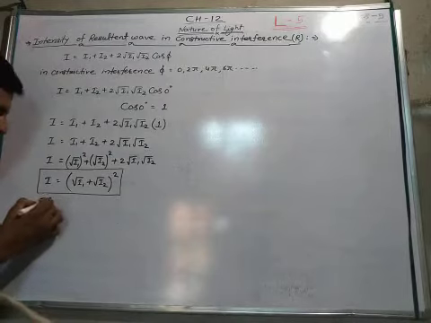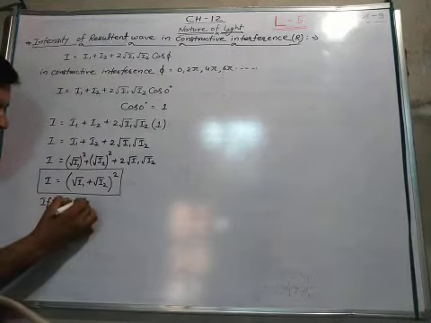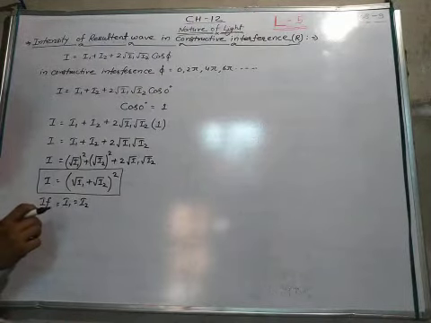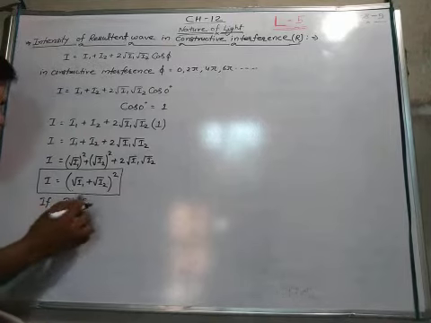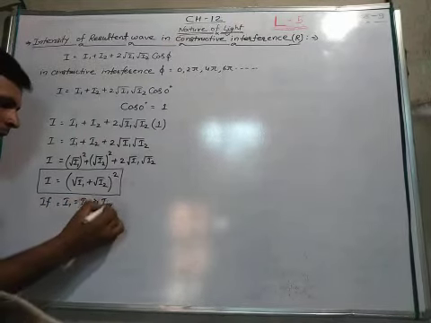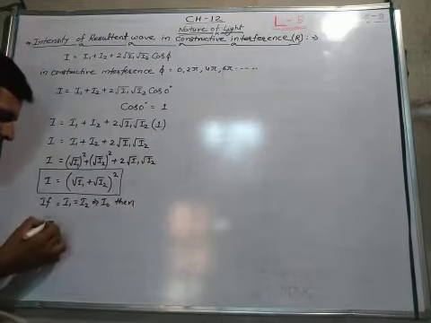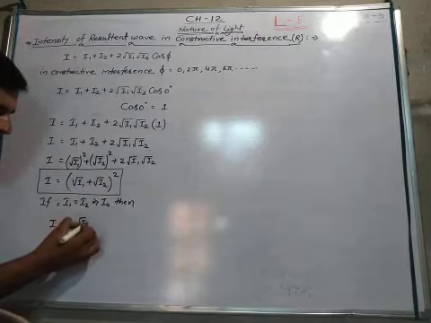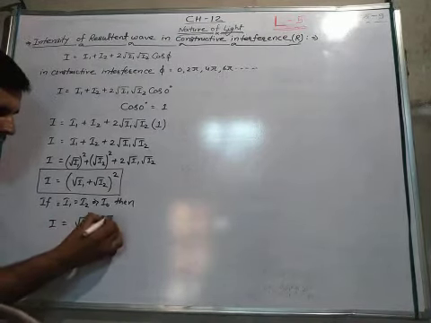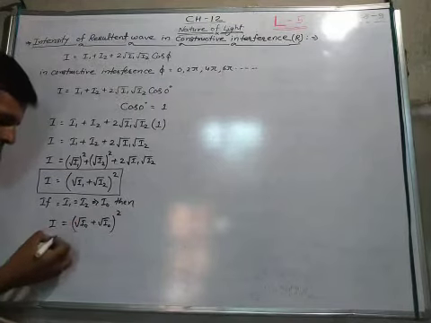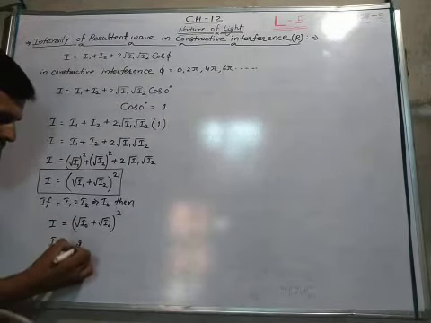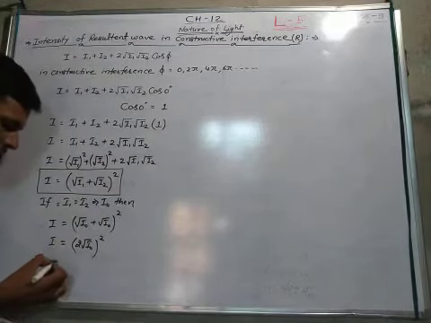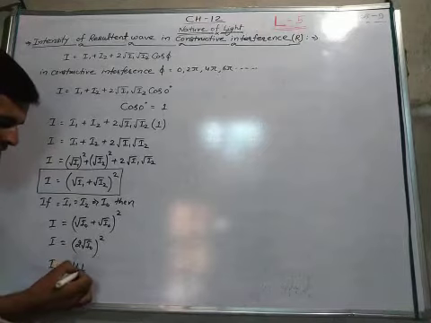If I1 is equal to I2, meaning the intensity of both waves is the same, and we denote it by I naught, then resultant intensity I is equal to root I naught plus root I naught, whole square, which will be 2 root I naught whole square, and also 4 I naught.